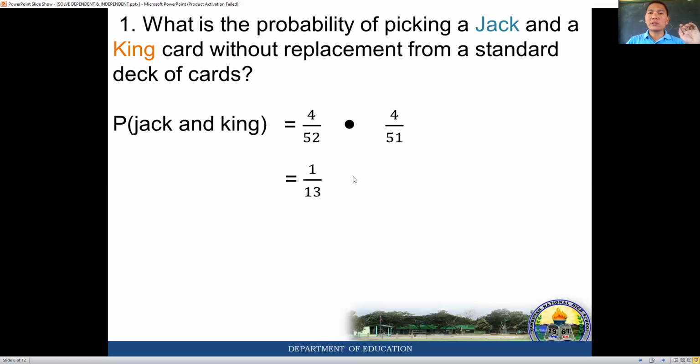Then you bring down times 4 over 51. So you have 1 over 13 times 4 over 51. So take notice that there are no common factors now. So you can easily multiply both the numerators. 1 times 4 is 4. And 13 times 51 is 663. So the probability of picking a jack and a king card without replacement is 4 over 663.